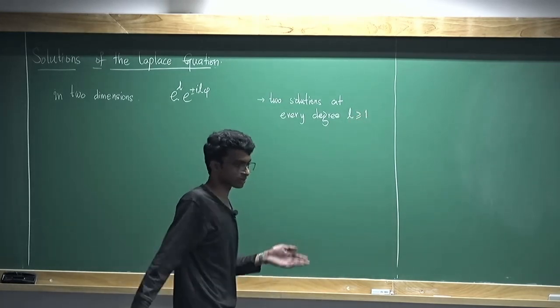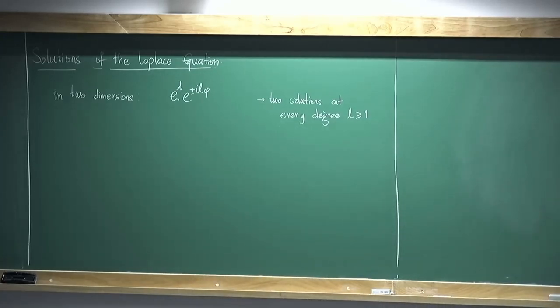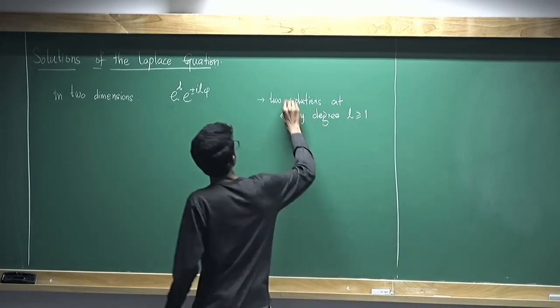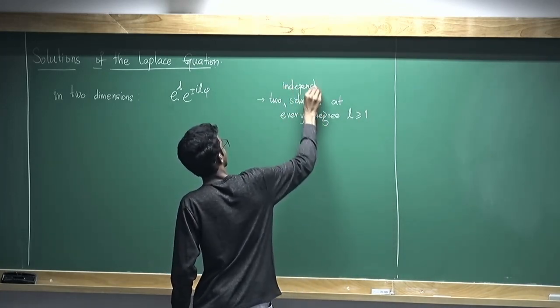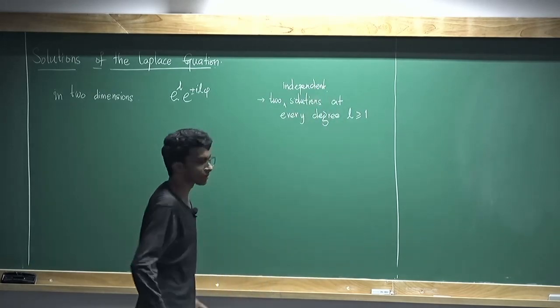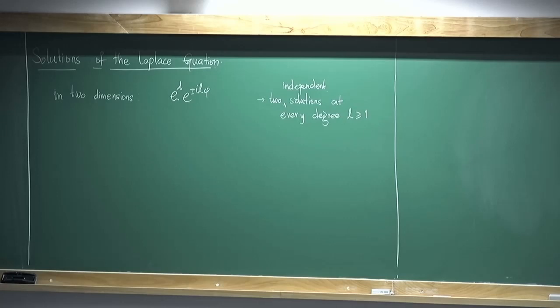For L equal to 0, remember there's only one solution, which is the constant. One independent solution, versus 2 independent.